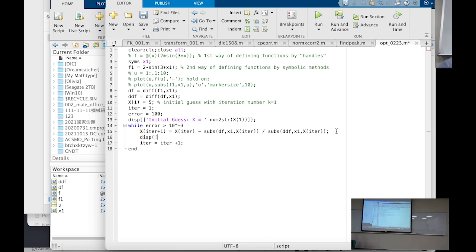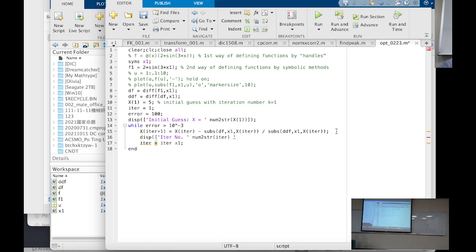Here I should say iteration, iteration number, so num2str of iter. Iter is my iteration number.